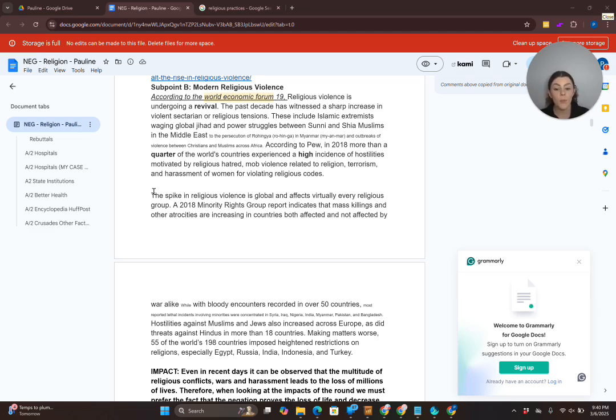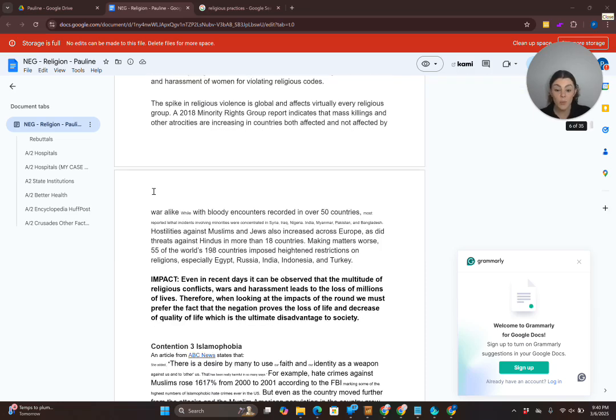A 2018 minority rights group report indicates that mass killings and other atrocities are increasing in countries both affected and not affected by war alike, with bloody encounters recorded in over 50 countries. Hostilities against Muslims and Jews also increased across Europe, as did threats against Hindus in more than 18 countries. Making matters worse, 55 of the world's 198 countries imposed heightened restrictions on religions, especially Egypt, Russia, India, Indonesia, and Turkey.